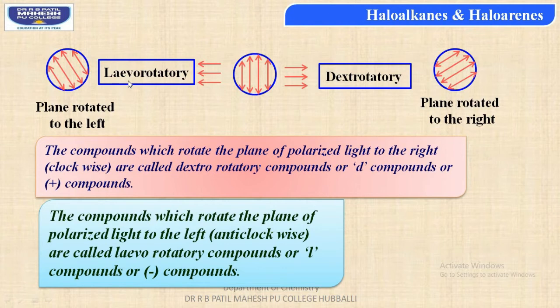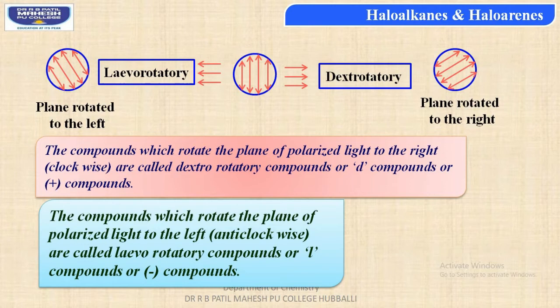Or else, we can even write the sign as minus. If the compound is dextrorotatory, we place the sign as positive, and if the compound is levorotatory, it is said to be minus.